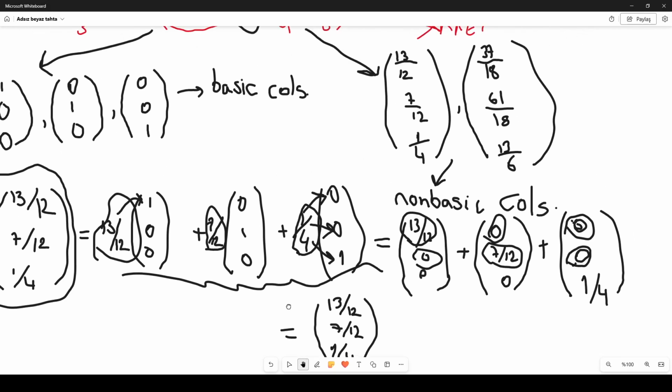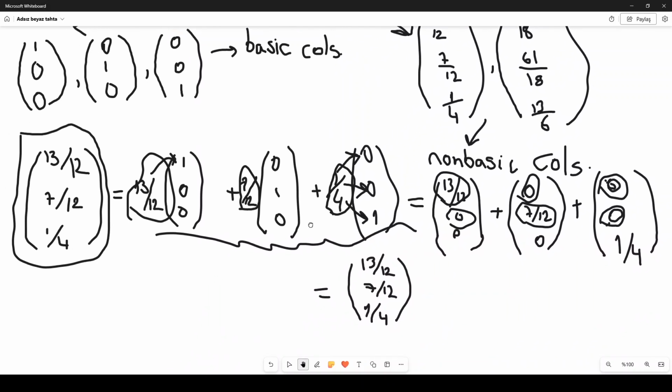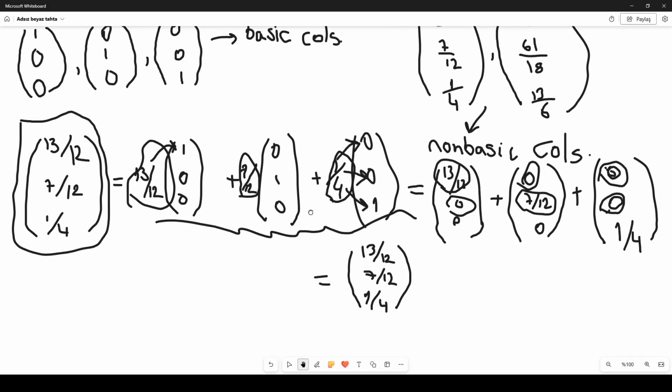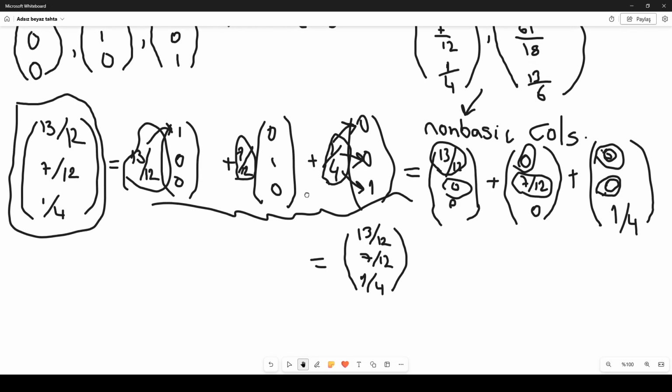And I can do the same thing for the fifth column. All I need to do is pick the coefficients as 37 over 18, 61 over 18, and 13 over 6, and I can simply write the fifth column in terms of the basic columns. This is a very important property, guys.